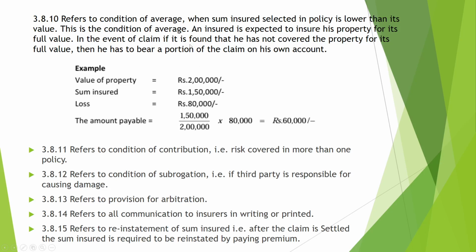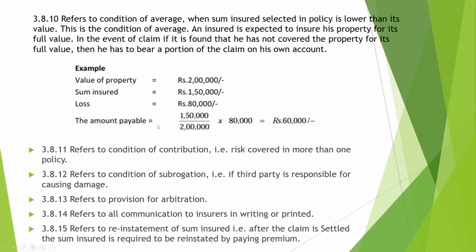Okay, so how will it happen? Let's see by an example. Say the value of the property is 2 lakh and the sum insured is 1,50,000, and you incur a loss of 80,000. You have not insured the property for 2 lakh, so what will happen?